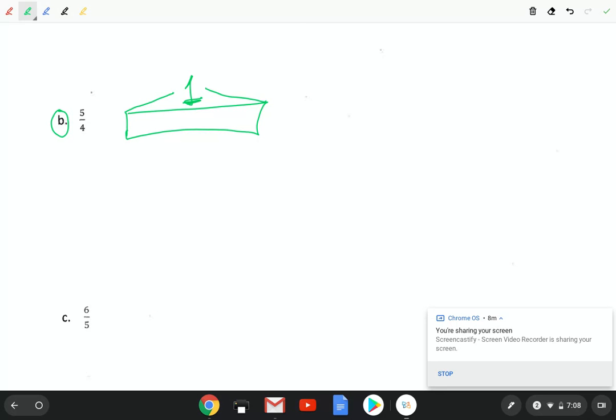For example, here the denominator is 4, so 1, 2, 3, but then it's asking me to shade in 5, and so this is just 1, 2, 3, 4 fourths. I need 5 fourths. So this is when you go like, oh, so I need to add 1 more in here so that I can have the 5 fourths.